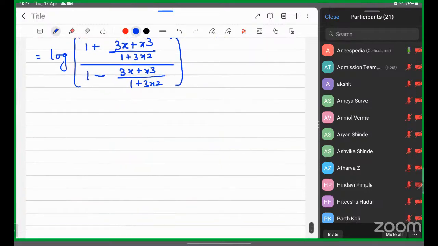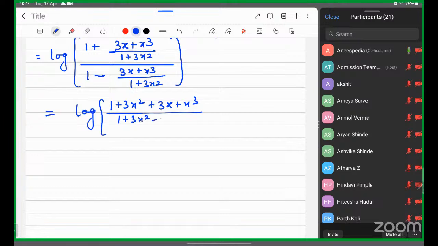And if you simplify it, this will be log of 1 plus 3x square plus 3x plus x cube divided by 1 plus 3x square, which will be cancelled out by the denominator factor. It will be 1 plus 3x square minus 3x minus x cube.